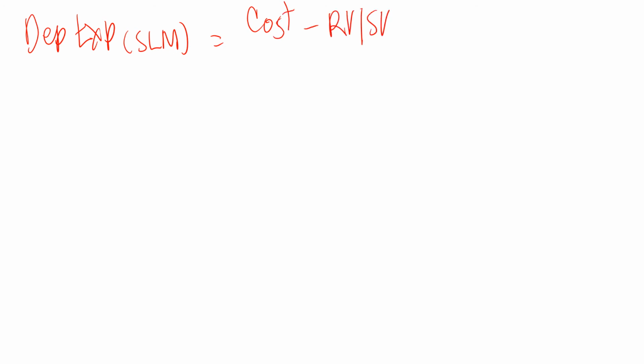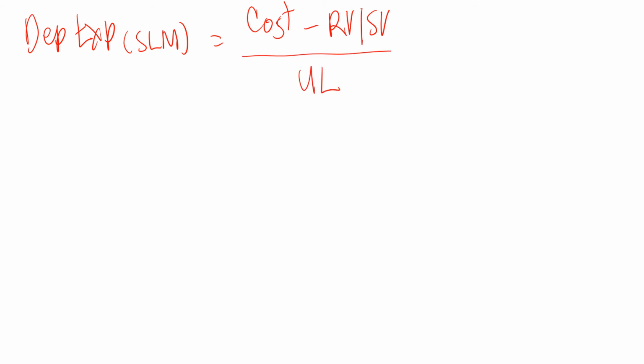In your basic accounting or financial accounting and reporting, you already discussed the concept of depreciation expense. Depreciation expense is part of your accrual accounting. So if you remember, you already discussed the straight line method. So how to do the straight line method? The formula to compute the depreciation expense is the cost of the asset minus the residual value or the salvage value, divided by the useful life.